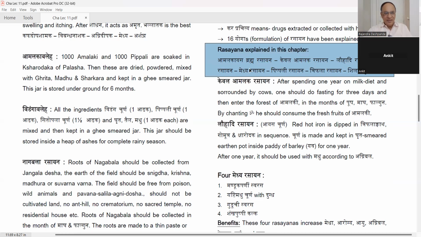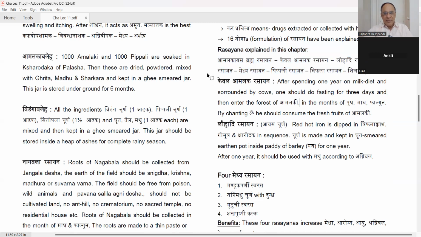So this is Medhya Rasayan. Pippali Rasayan for cough problems, bronchitis, asthma, pneumonia, tuberculosis, lung cancer. Triphala Rasayan for any problem in the body, and Shilajatu Rasayan, especially for diabetes mellitus, to prevent the complications of diabetes. Shilajatu is a mineral.